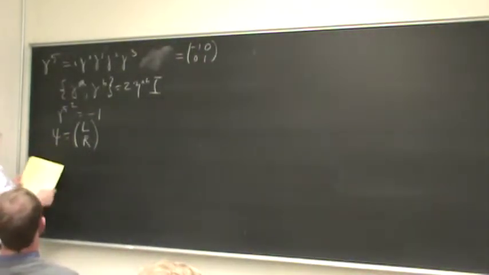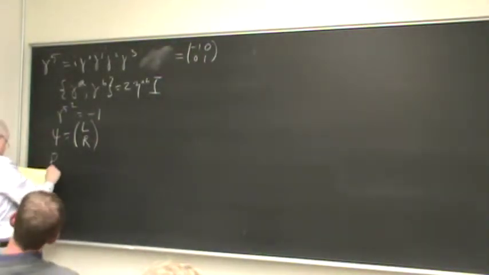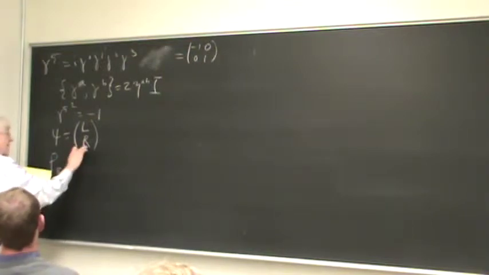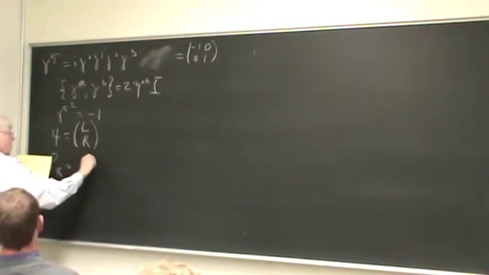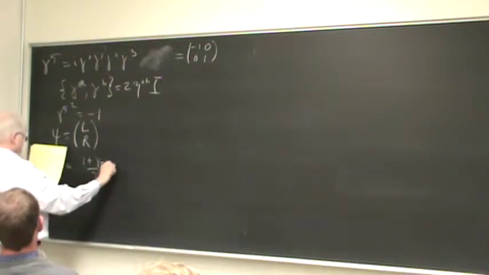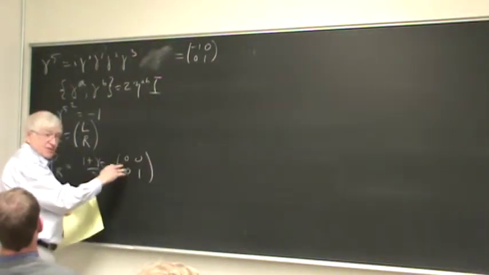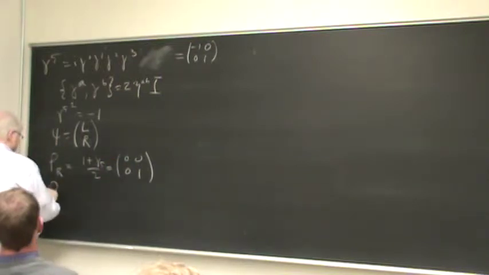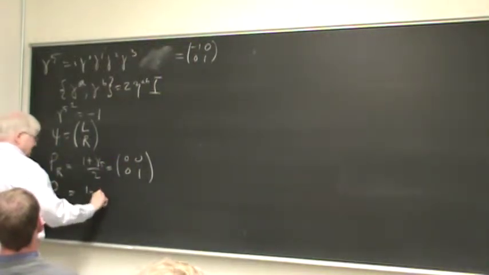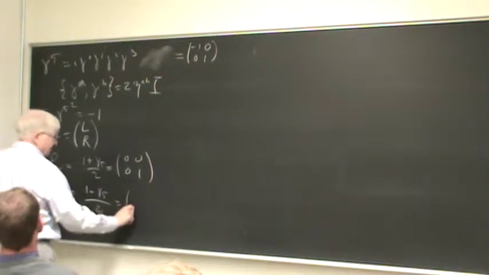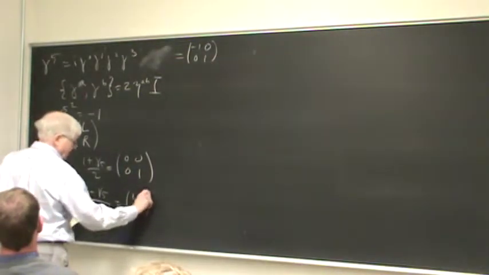And there are cute things that one does with it. Namely, a projection operator on the right-handed spinors is then P_R = (1 plus gamma 5)/2, and this is 0 0 0 1, where each of these is a 2 by 2 matrix. Similarly, P_L is (1 minus gamma 5)/2, and this is 1 0 0 0.